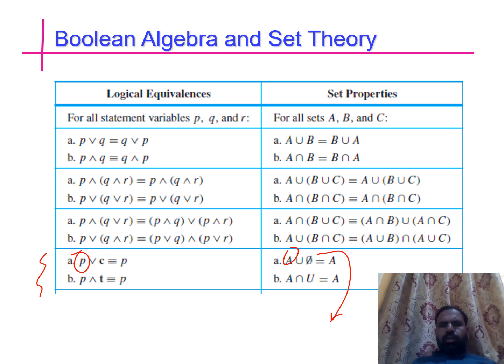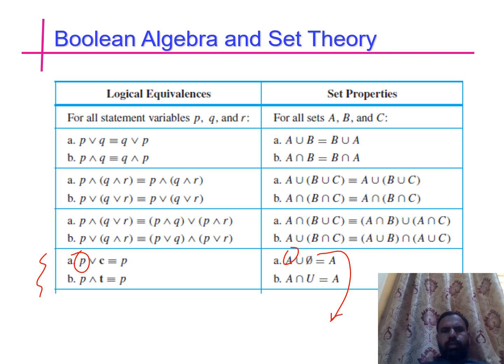Similarly for all sets A, B, and C, A union B is equal to B union A. And similarly for intersection, P and Q is equivalent to Q and P, and for sets A intersection B is equal to B intersection A.